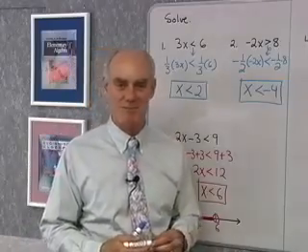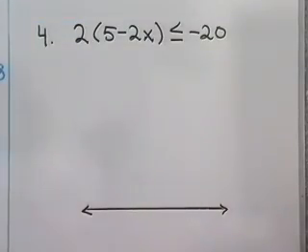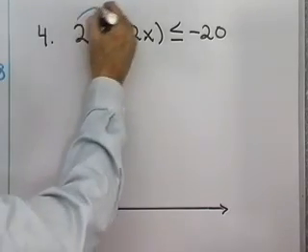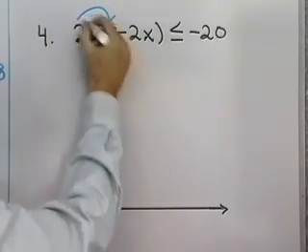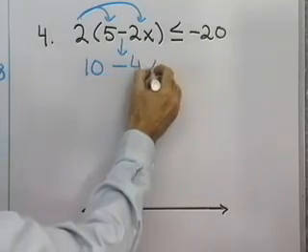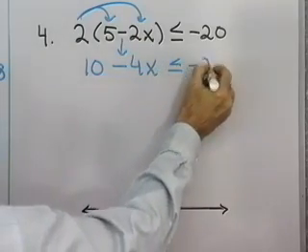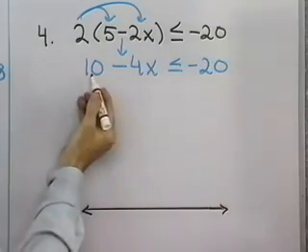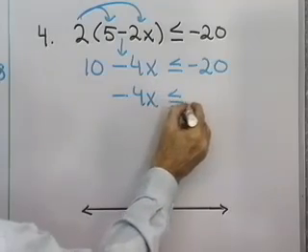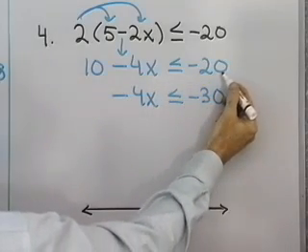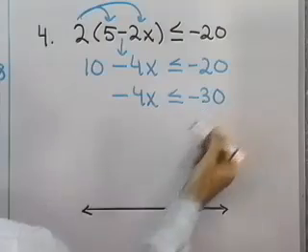Let's try one last problem. 2 times 5 minus 2x in parentheses less than or equal to -20. Let's multiply. 2 times 5 is 10 minus 2 times 2x is 4x less than or equal to -20. I'll add -10 to both sides and I have -4x less than or equal to -30 because -20 plus -10 is -30.